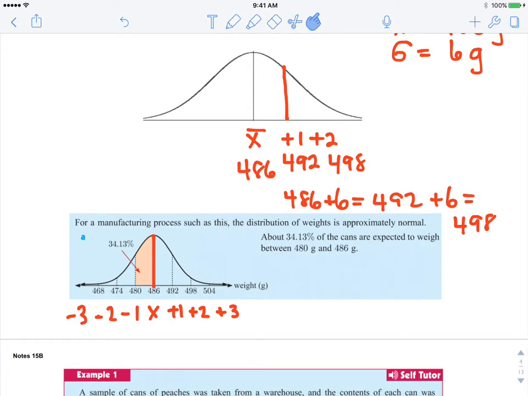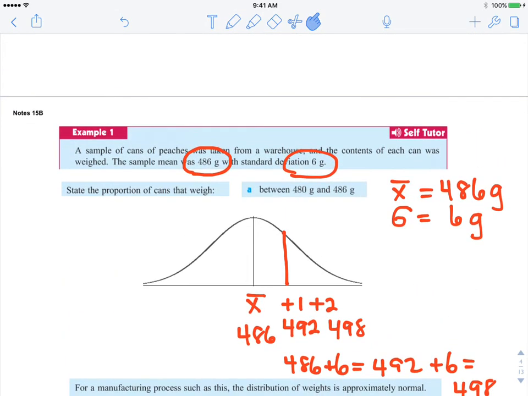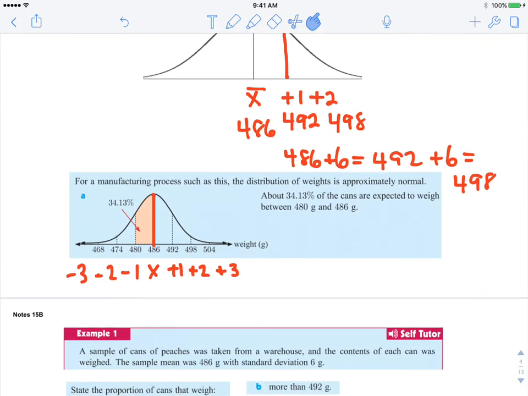Now, the question is this. State the proportion of cans, so proportion is your percentages, between 480 and 486. So we look, here's 480, here's 486. What is that percent? Well, that falls minus 1 standard deviation to the mean.